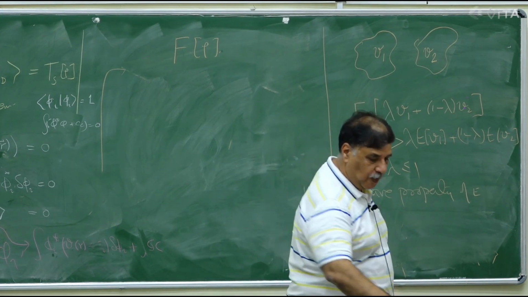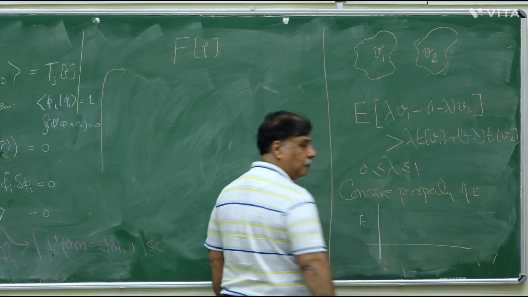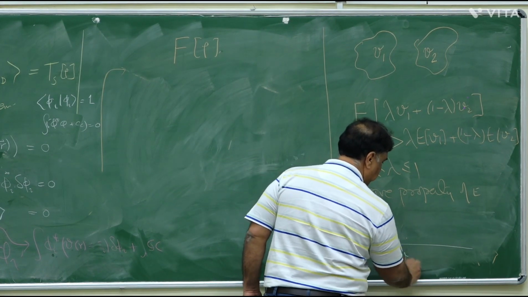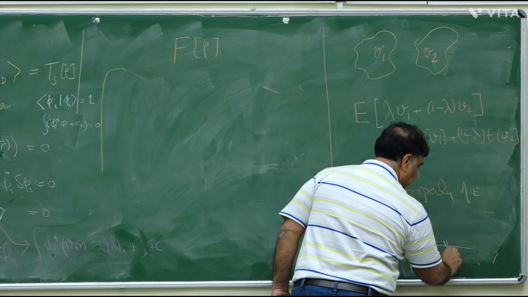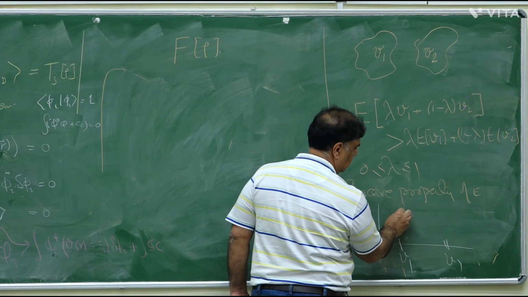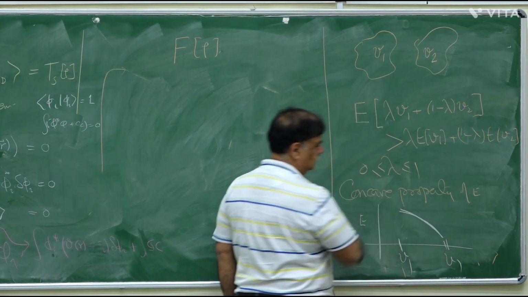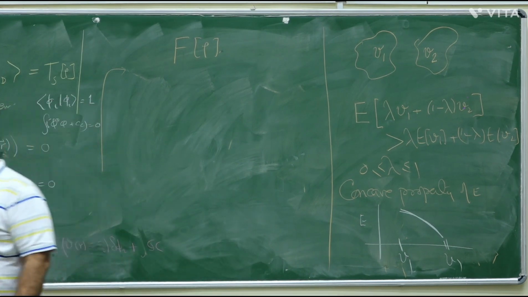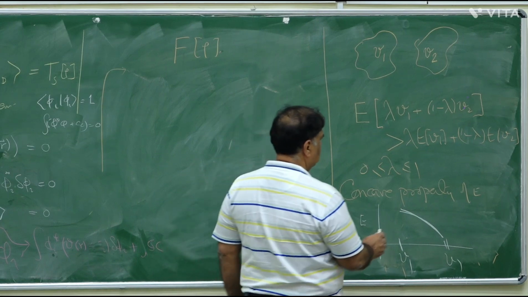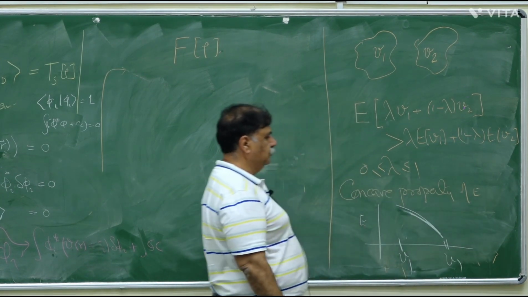Why concave? If I were to plot E versus V, suppose representatively there was one V1 out here, another V2 out here, then the energy would be necessarily this, whatever is in between, satisfying this.